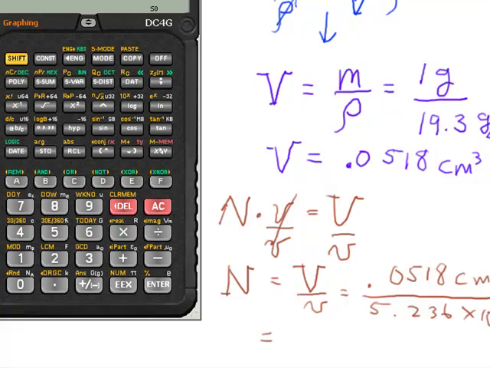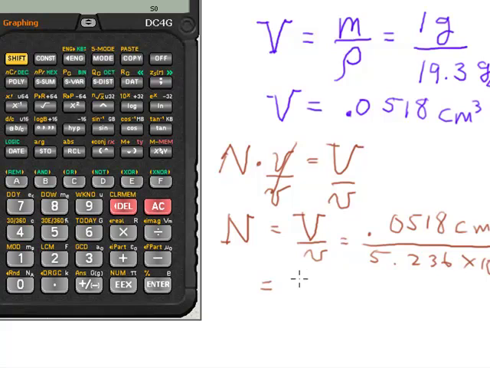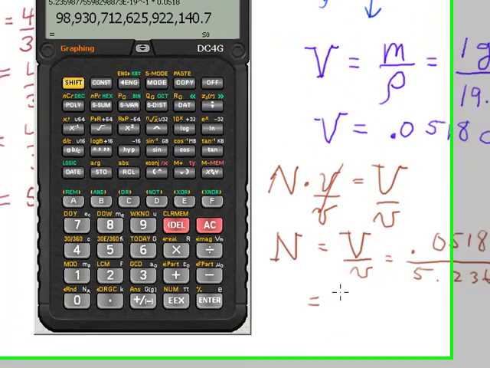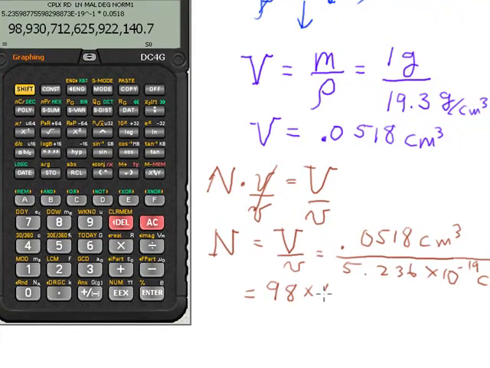But remember, it should be a lot of particles because they're nanoparticles, and a gram can make many, many nanoparticles. So I'm going to write that as 98 times 10 to the 15th power. I should probably add another digit of precision in there, 98.9 times 10 to the 15th. And that's how many particles we'll have.